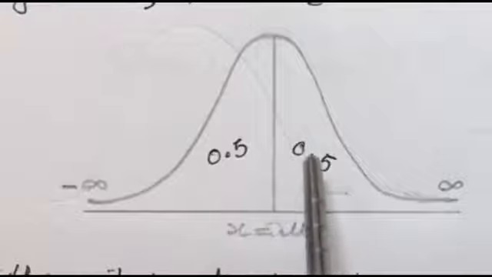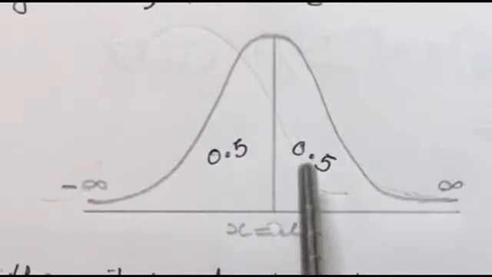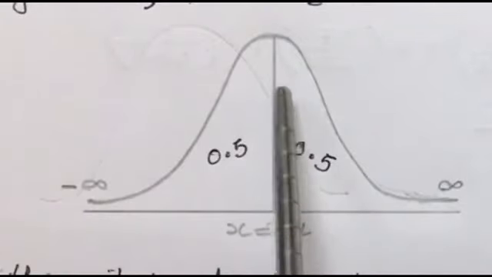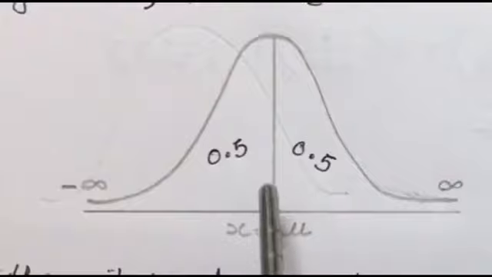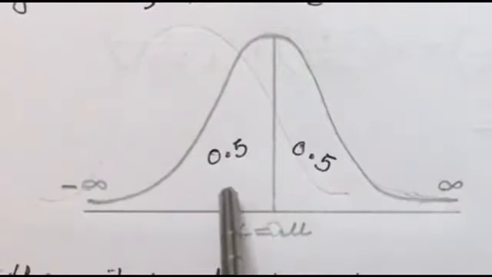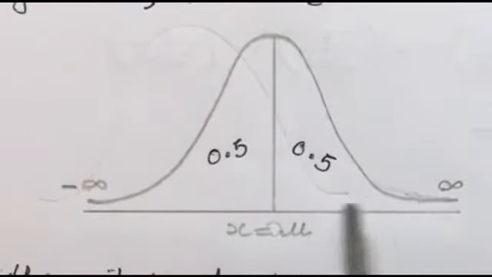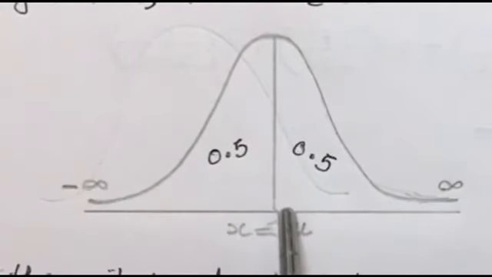If you add these two areas, that is 0.5 plus 0.5, the total area covered under this bell-shaped curve will be equal to 1. So the total probability will always be equal to 1. So this is how the bell-shaped graph is being interpreted.